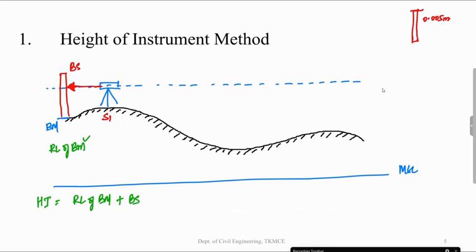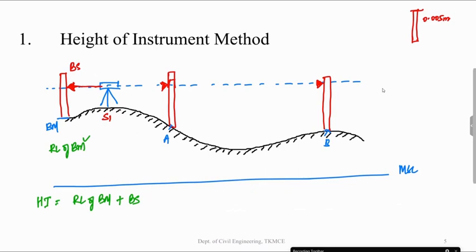Now if there is another point A, and I want to find its reduced level, I can simply keep the leveling staff over here and I'll get the value for my reading. Similarly, if I want to find it at another point B, I can just keep my leveling staff over here and I'll get the value for this.